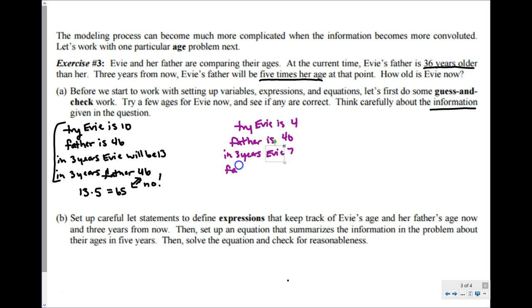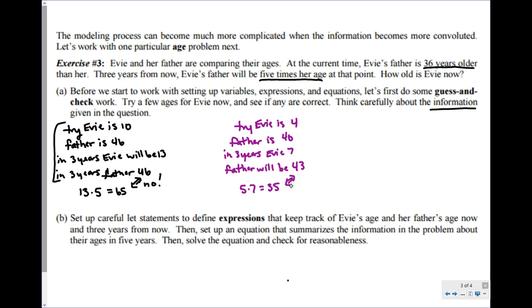And the father will be 43. Same thing, is Evie's father 5 times her age? Well, 5 times 7 would give me 35, and that's also not equal to 43.